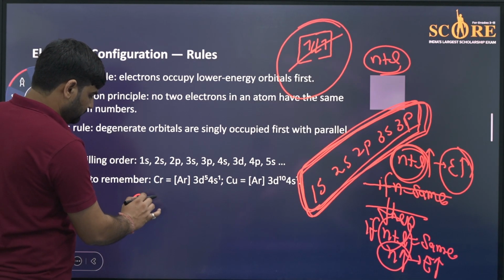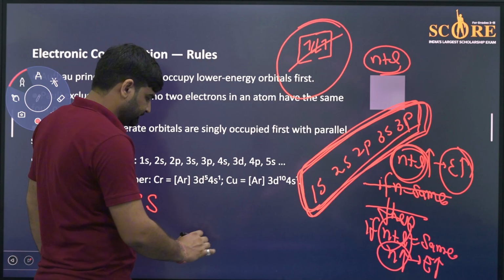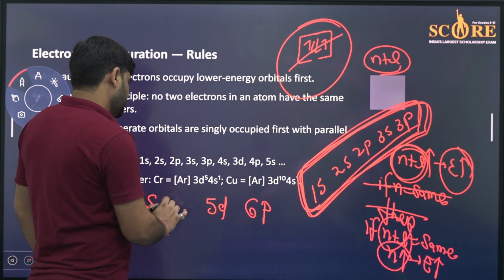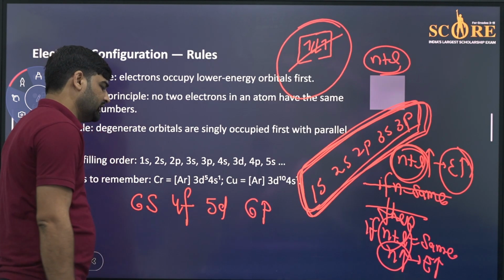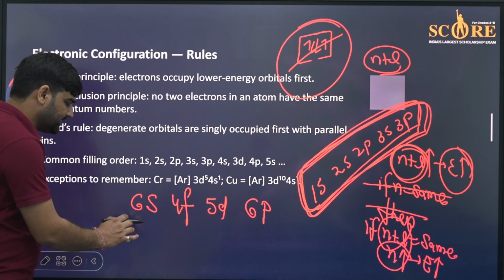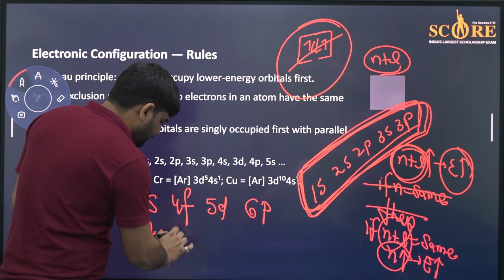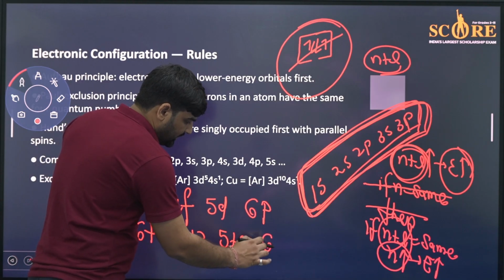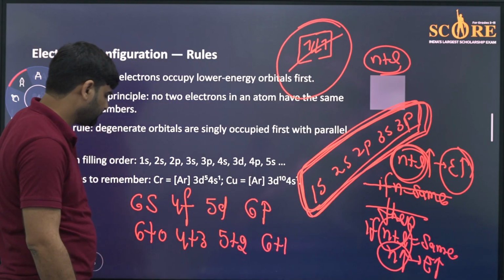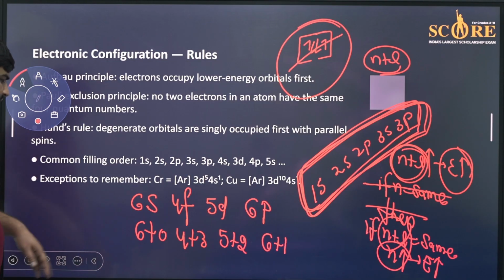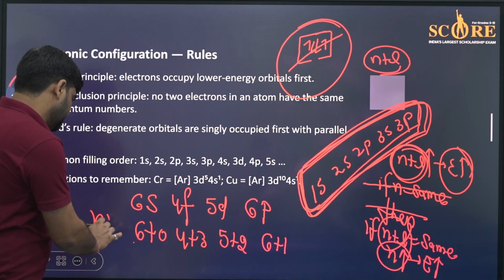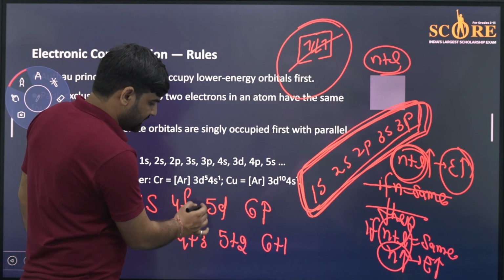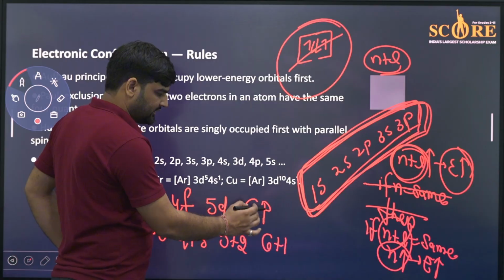So I have this question: 6s, 6p, 5d, 4f. I have to decide the energy order. So there is 6 plus 0, 6 plus 1, 5 plus 2, and 4 plus 3. What is this? This is n plus l. For 6s, n is 6 and l is 0; for 4f, l is 3; for 5d, l is 2; for 6p, l is 1.